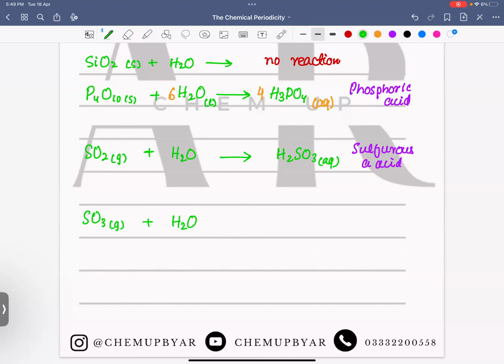On dissolving in water, it turns into H2SO4. So we call it sulfuric acid.